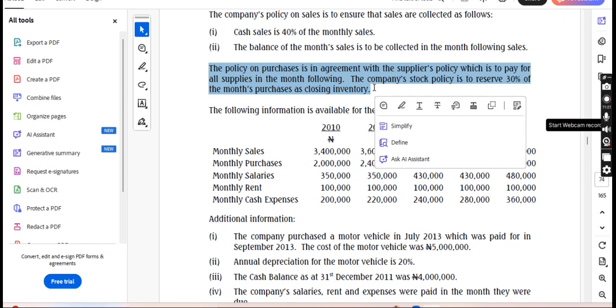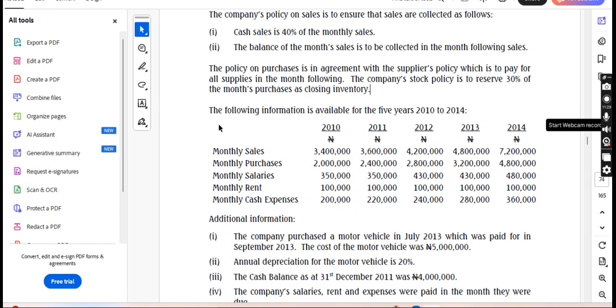The company stock policy is to reserve 30% of the month's purchases as closing inventory. 30% of the month purchases, month purchases, not year purchases, month, right?